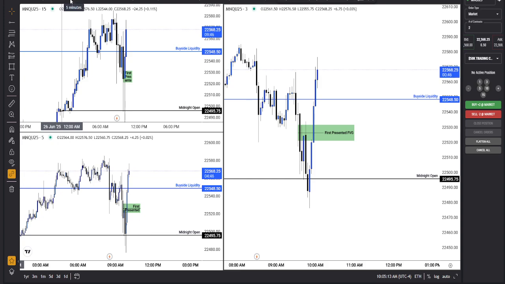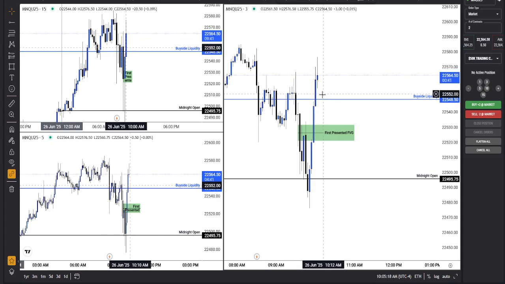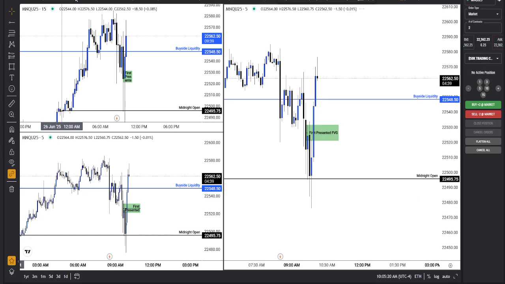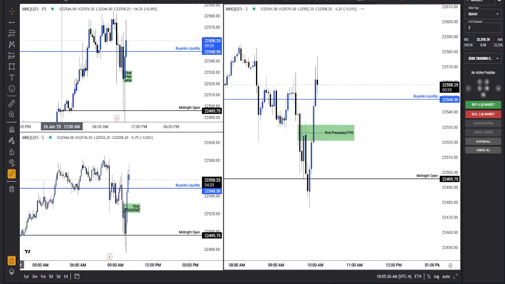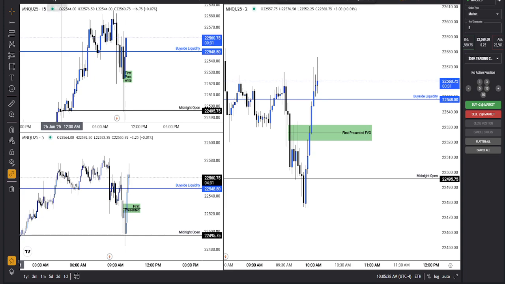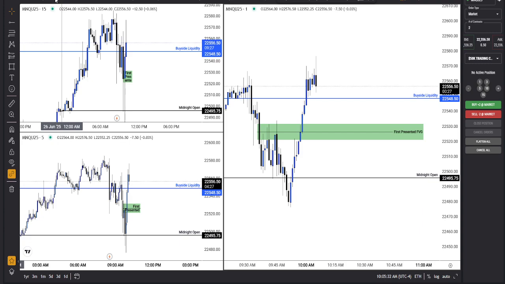There's a 3-minute fair value gap down here, which price could try to trade into. We have one on the 5-minute too right here. It's a small 1-minute fair value gap here too.